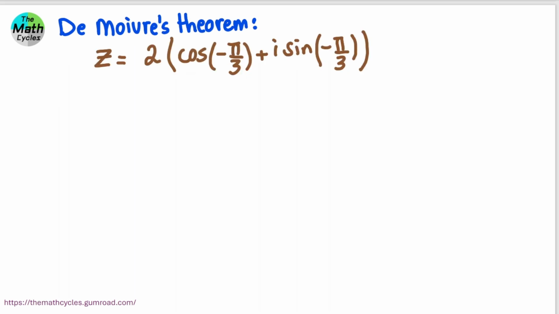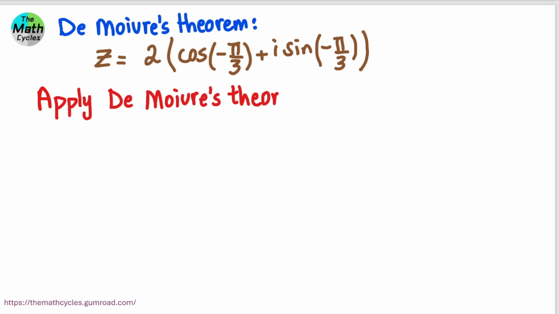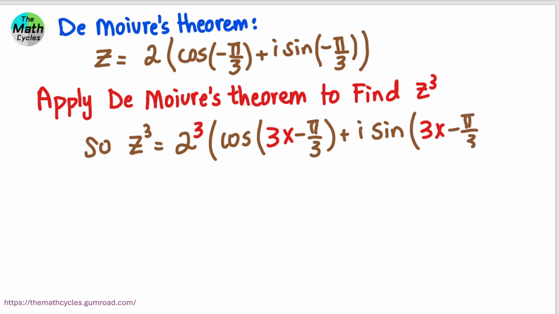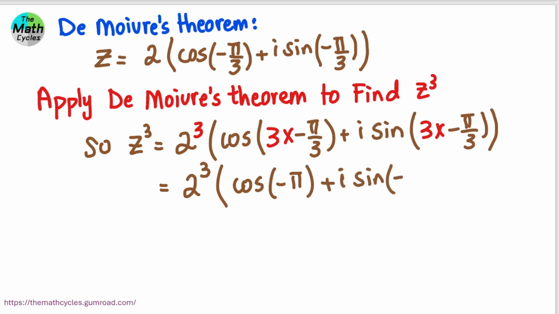Since we found z in polar form, let's apply De Moivre's theorem to find z cubed. So z cubed equals, I'm going to raise r to the power of 3 and multiply the angle by 3. This gives me 2 cubed cosine 3 times minus pi over 3 plus i sine 3 times minus pi over 3, which equals 2 cubed cosine minus pi plus i sine minus pi.